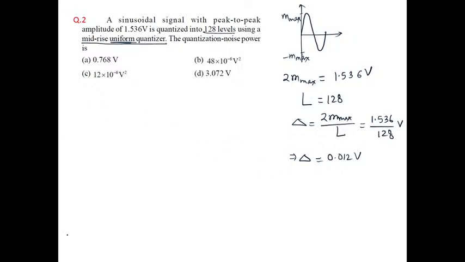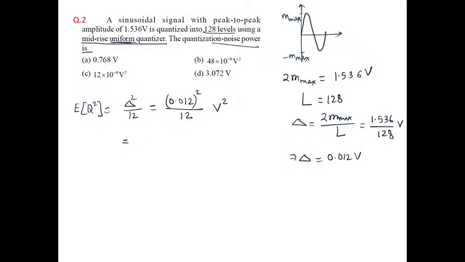Now, what will be the quantization noise power? The quantization noise power is Eq square, and this is simply equal to delta square by 12. So this will be equal to 0.012 square divided by 12 volt square. Right.